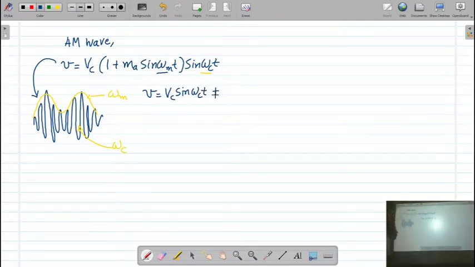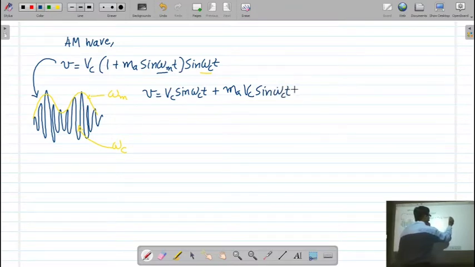Then for the second term, Vc is multiplied with Ma sine omega mt and sine omega ct, so we have Ma Vc sine omega ct into sine omega mt. Simply we have expanded this expression.